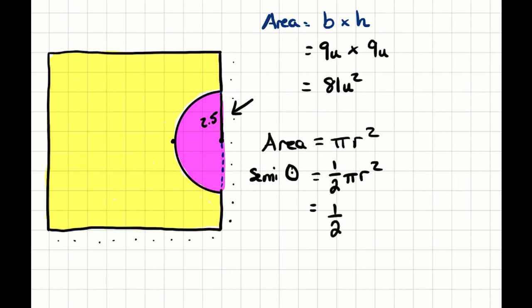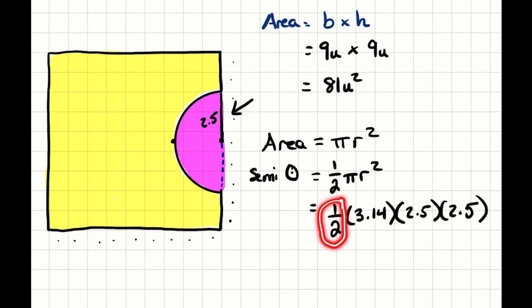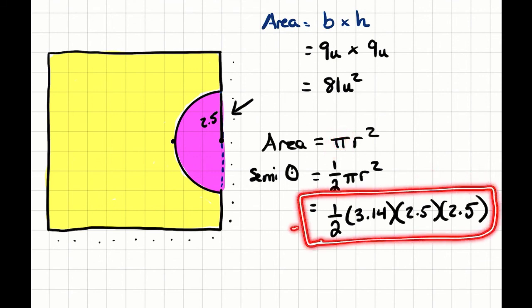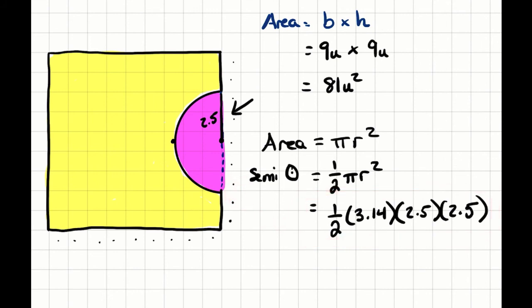So we take half times 3.14 times 2.5 times 2.5. To be clear, half because it's a semicircle, 3.14 because it's part of the equation, and the radius times itself. All of this is going to give us the area of this purple region.